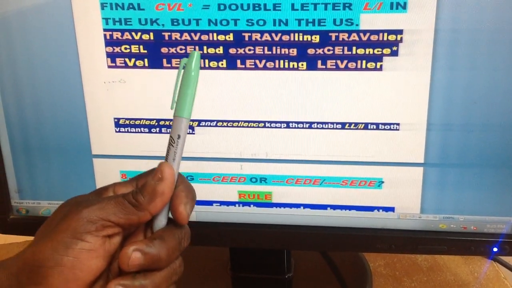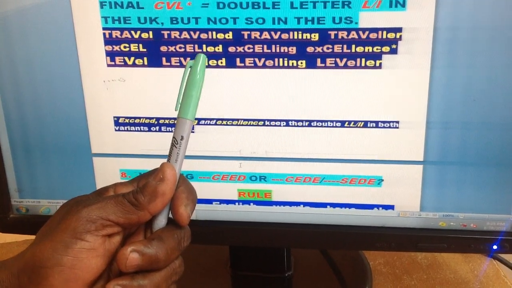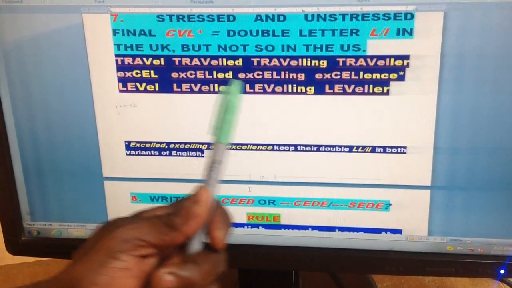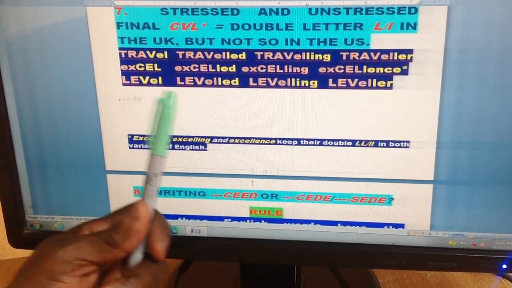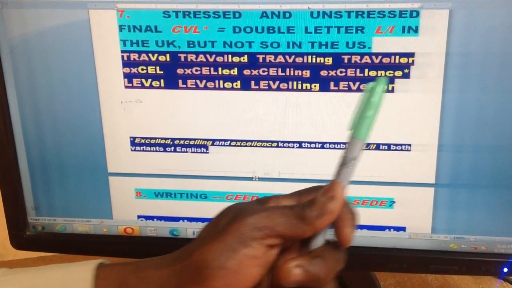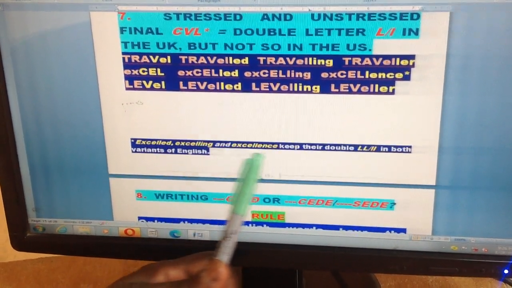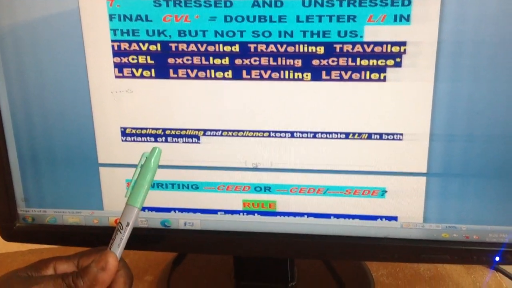Excel will be doubled in both the UK, RP, and American Standard English. We can't change this one. Level would be like that, but in America, one L. These are the exceptions we have talked about. They don't change at all.